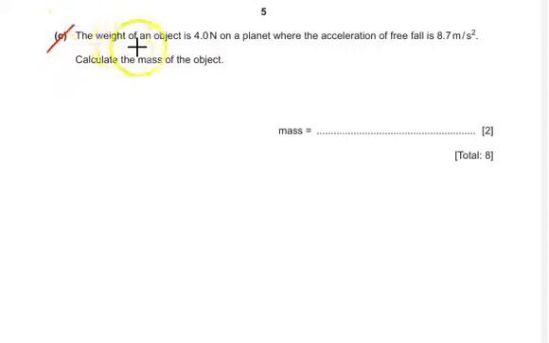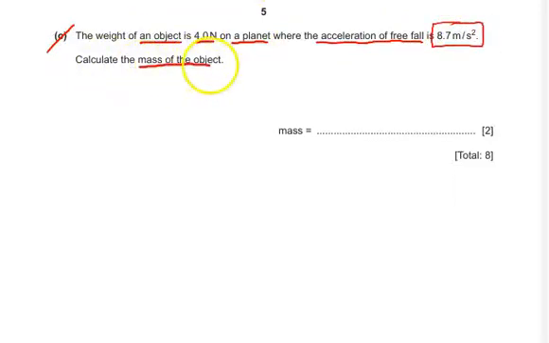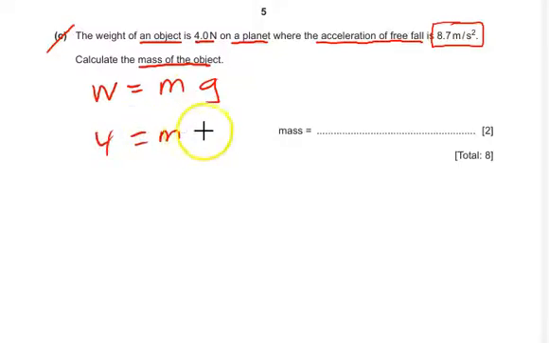The weight of an object is 4 Newton on a planet where the acceleration of free fall is 8.7. Calculate the mass of the object. Here we can use weight equals mass times gravitational acceleration. So 4 equals mass multiply with 8.7.